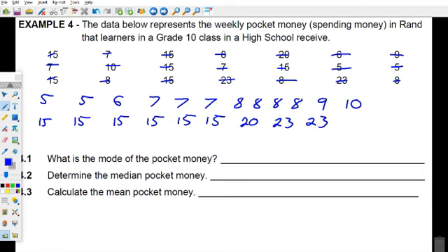Okay, so we got it in ascending order. Have a look at that.